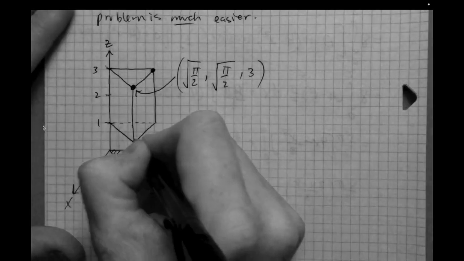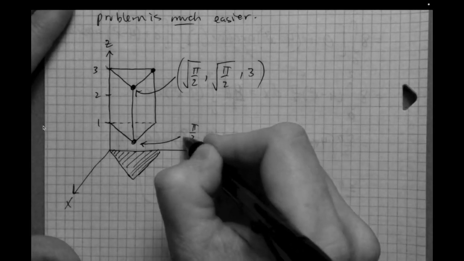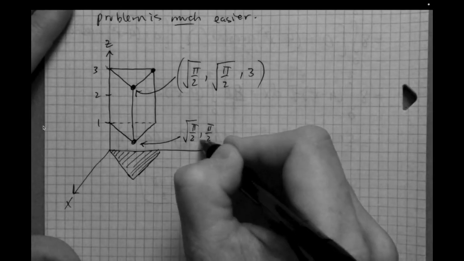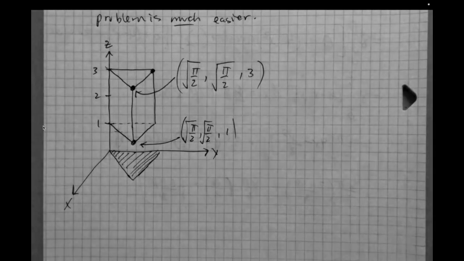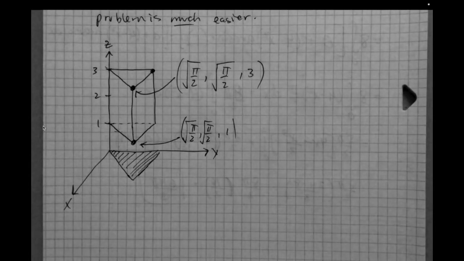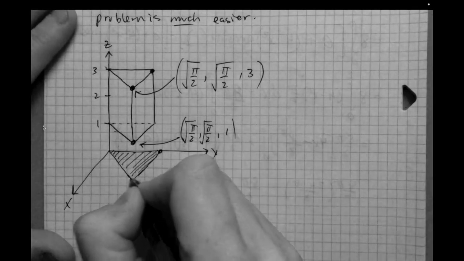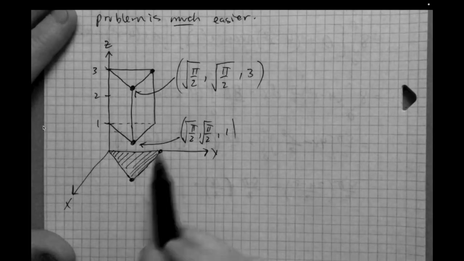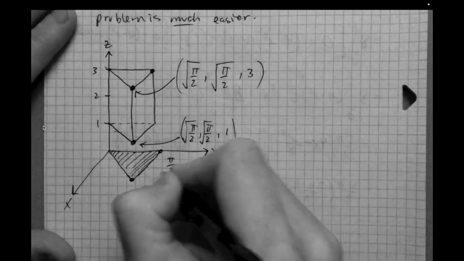Then down here is the same thing, except the z-coordinate is 1 there, so it's down here at the bottom of the figure. And that means these points here in the xy plane are both the square root of pi over 2.